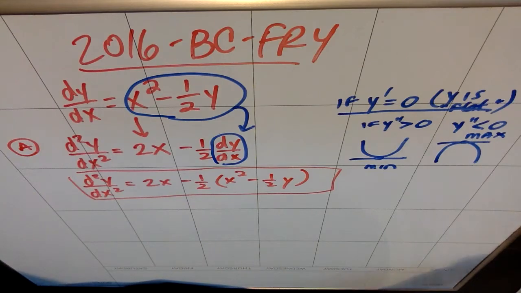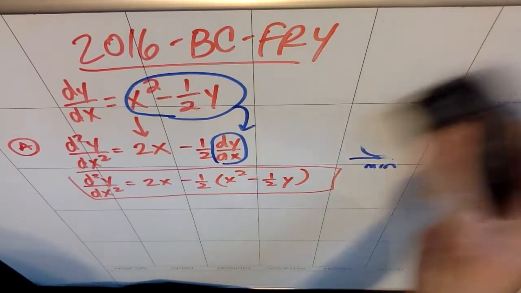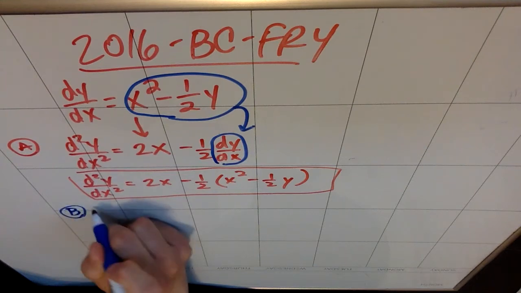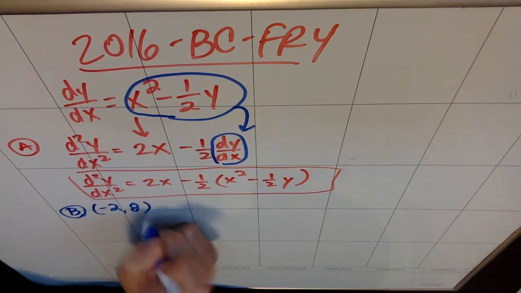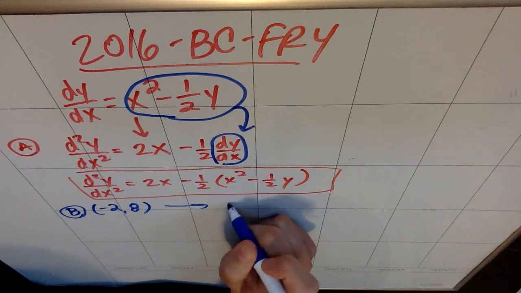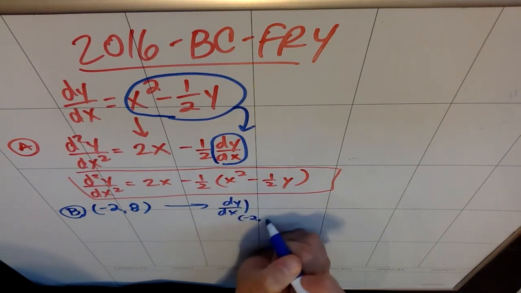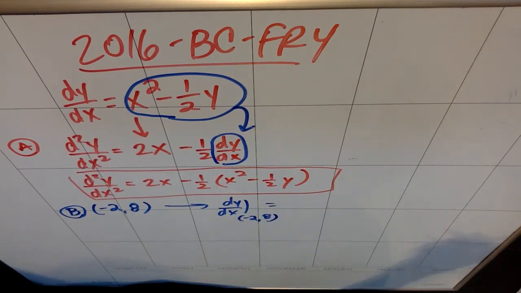The reason they're asking you to do this in B is you just found the second derivative. So now in B, at (-2, 8), the first thing you should do is check what dy/dx is at (-2, 8). If dy/dx is non-zero, then the answer is that this is neither a max nor a min, because this is not one of those critical values.